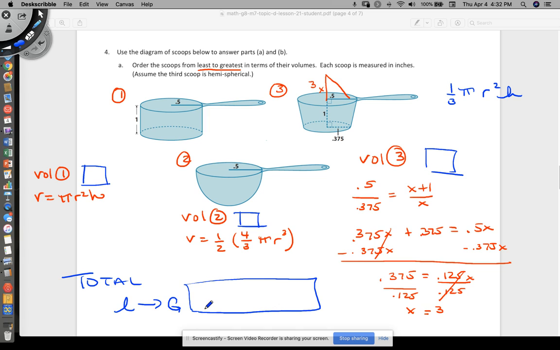Actually, this one has 3 answers because we just found x, that's 3. This will be the small, and this will be the large. Actually, 4 answers. And then this will be the large minus the small. So you have a total of 1, 2, 3, 4, 5, 6, 7 answers for number 4. So make sure that you have all 7 answers total before you're done.